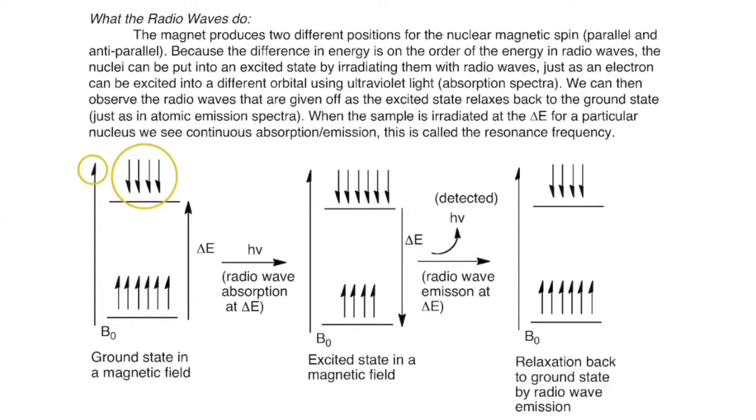So this is going to be a higher energy. Under the same circumstance, if I increase the B naught, so if I have a large B naught, then the energy gap between the alpha and beta energy states is going to increase.